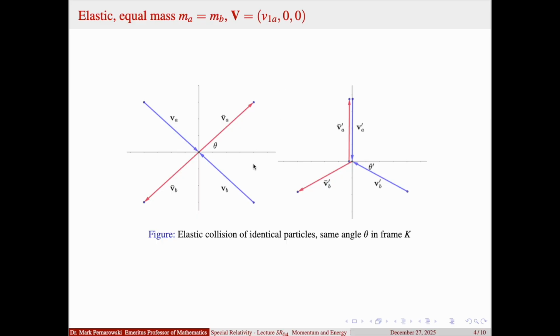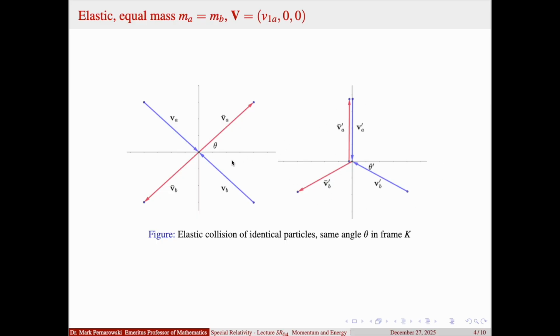We're going to consider an elastic collision between two identical particles. Blue here indicates the velocities of the particles before the collision, and red indicates the velocities after collision. In this left-hand picture, this is what's observed in frame K. On the right, this is what is observed in K prime.